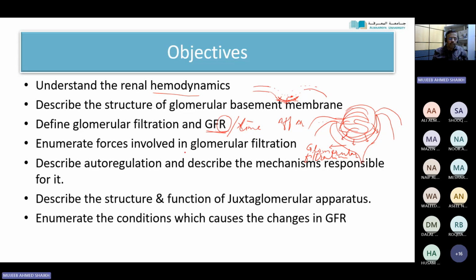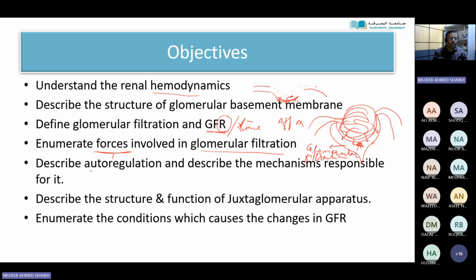For filtration to occur, there are some forces. Maybe the force of the blood column, maybe an attracting force like colloidal osmotic pressure, maybe a force pushing from here, and some force may be in the opposite direction. We will discuss these forces because they change the glomerular filtration.